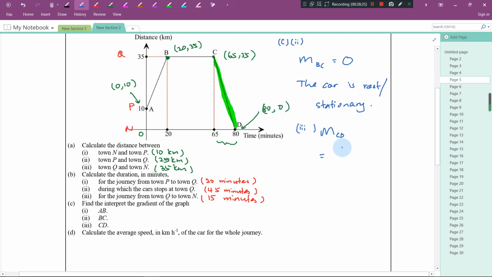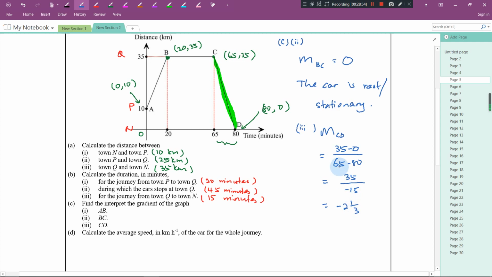Y2 minus Y1 over X2 minus X1. So this is minus 15. Let me check correct or not. Okay, correct. So 35 divided by negative 15. Okay, I change it become a fraction. You will get, oops, sorry. You will get negative 2 and 1 over 3.